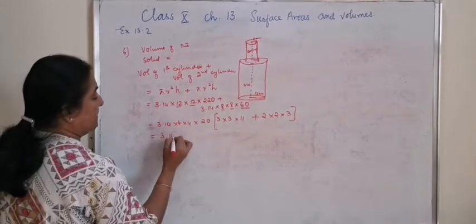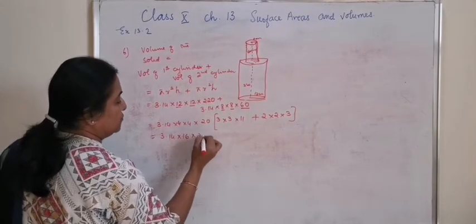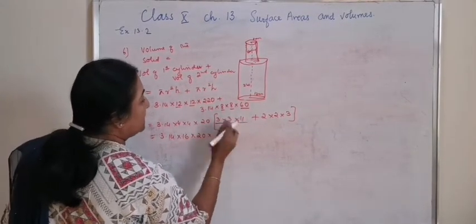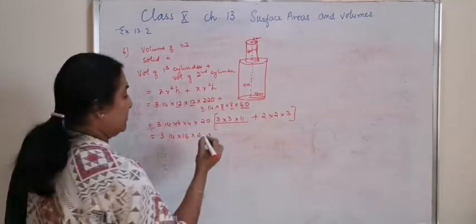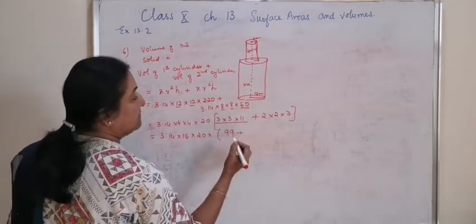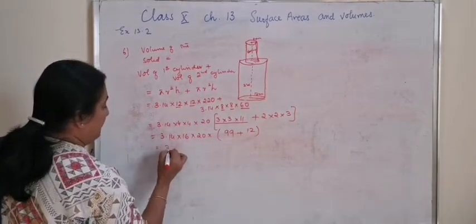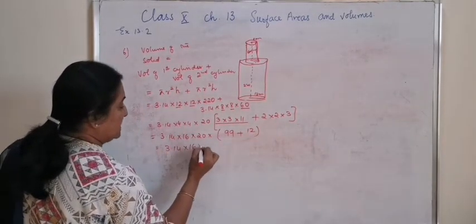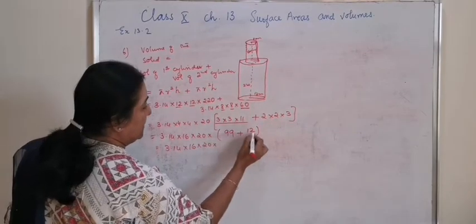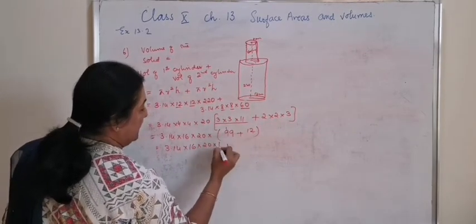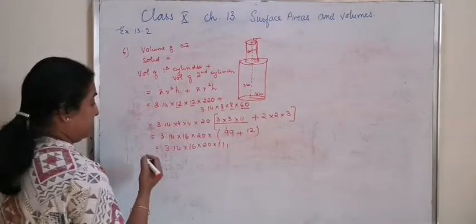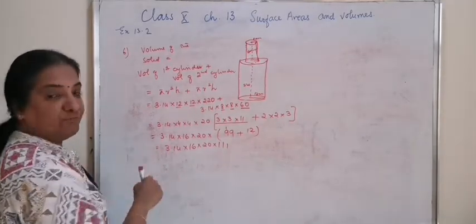So it is 3.14 into 16 into 20 into 3 threes are 9, 9 into 11 is 99, plus 2 twos are 4, 4 threes are 12. That gives 9 times 11 is 99 plus 12 is 111. This is the volume of the solid.